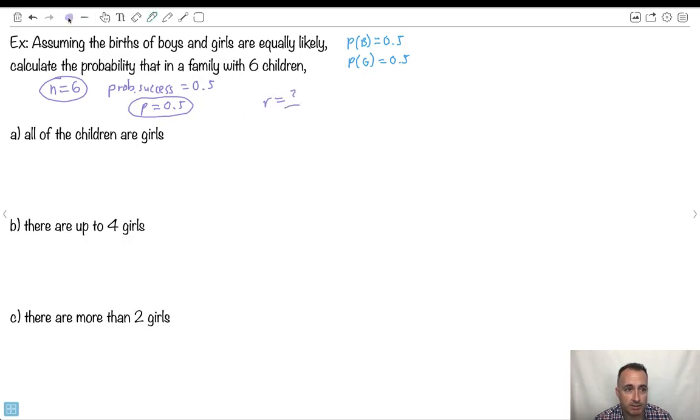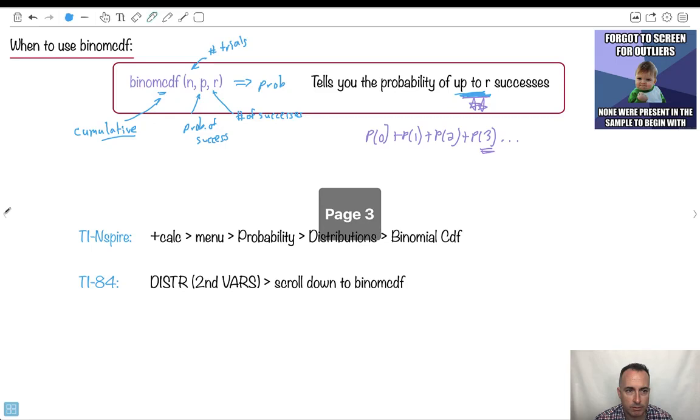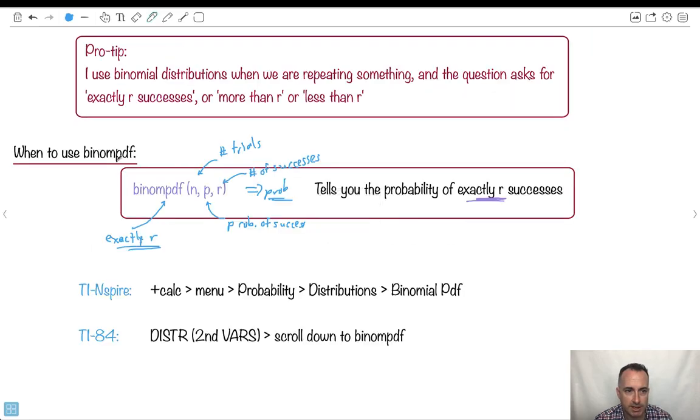So let's look at this now. In this case, we want to know all of the children are girls. If they're all girls, how many girls are there? Exactly 6 girls. I want to know the probability of having exactly 6 girls. Well, think, is that binom PDF or CDF? PDF is for exactly r, so that's the one I want.